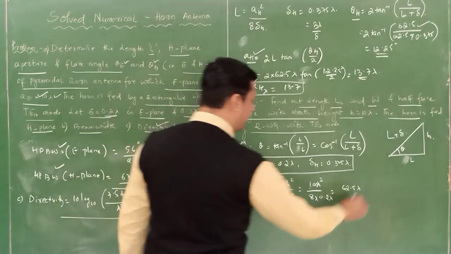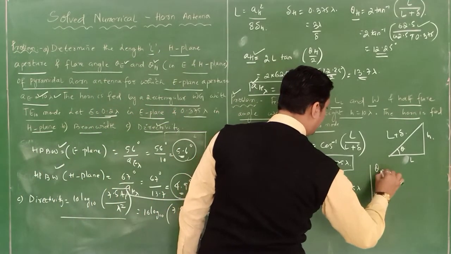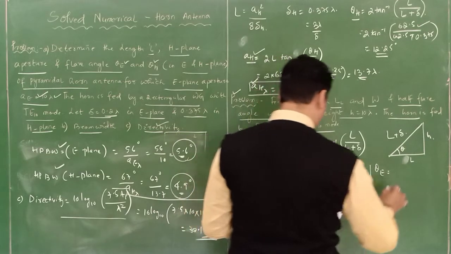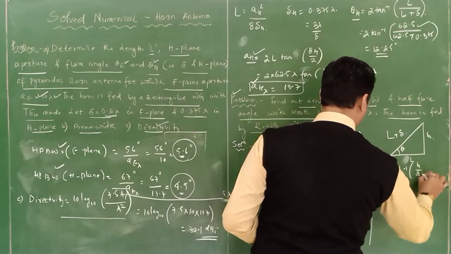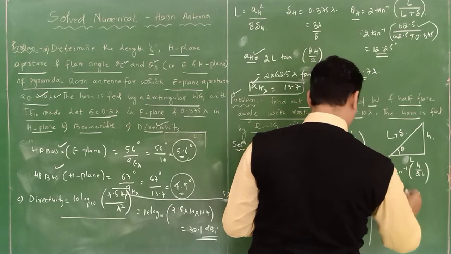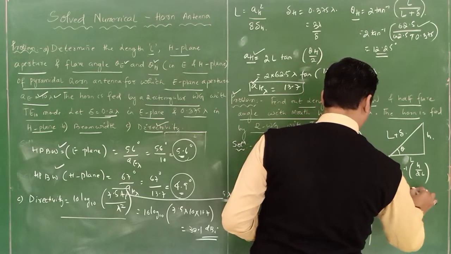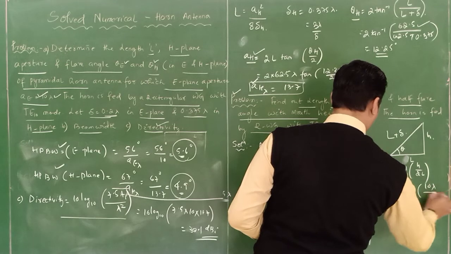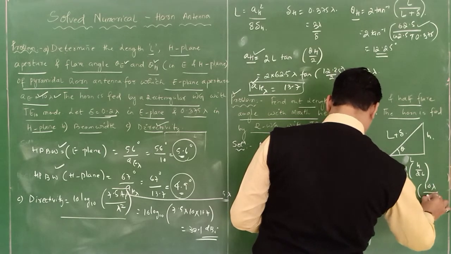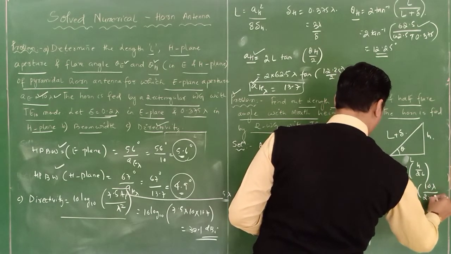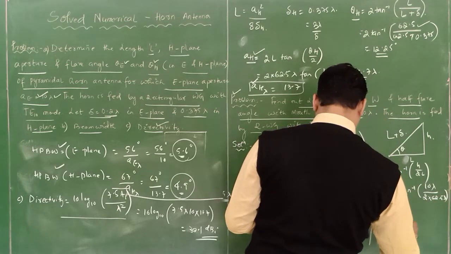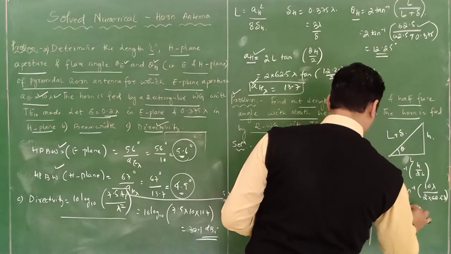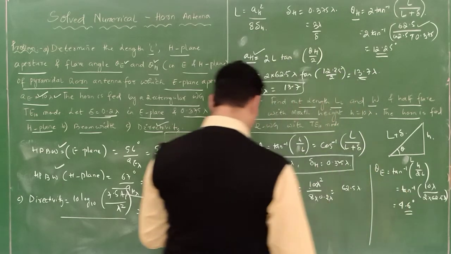And similarly, theta E is equal to tan inverse of H by 2L, that we can write, and it is tan inverse of 10 lambda divided by 2 into 62.5 lambda, and theta E will come around 4.6 degrees.